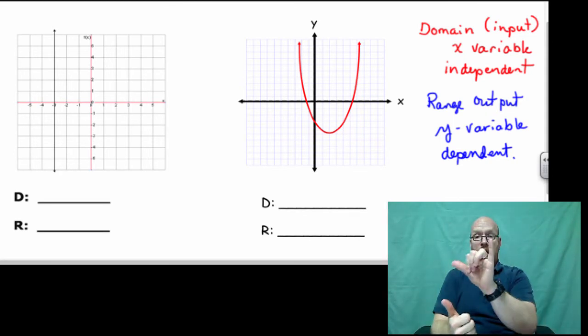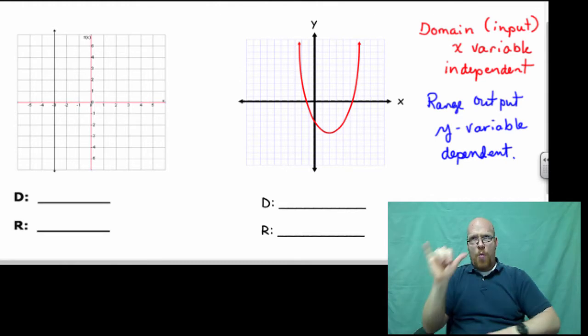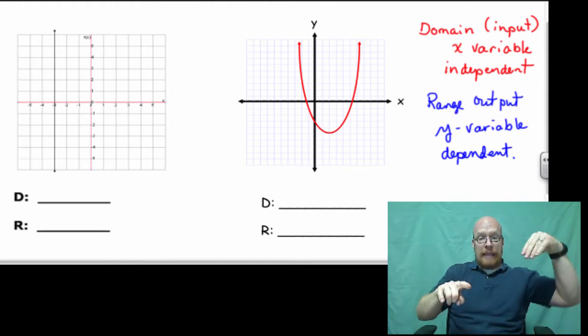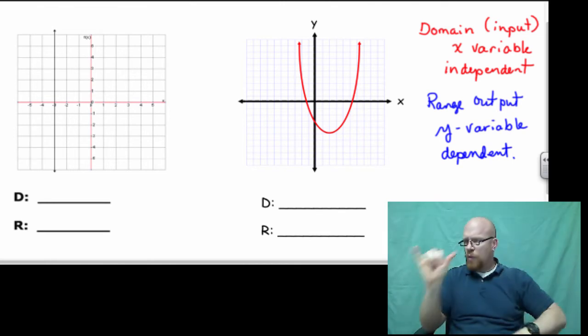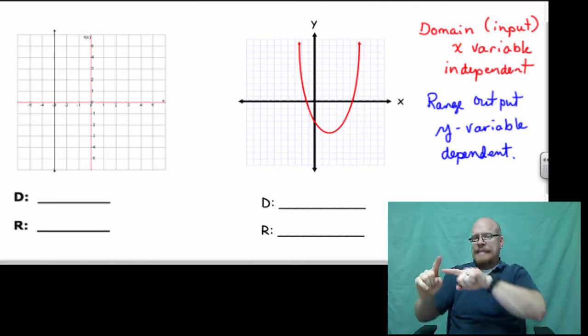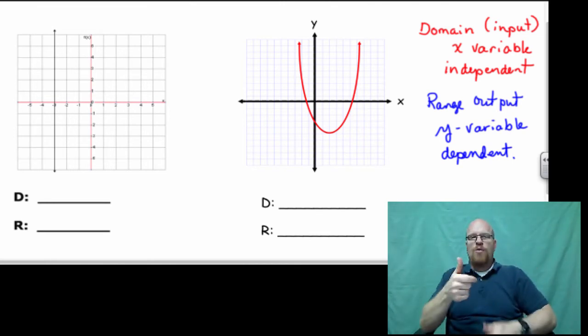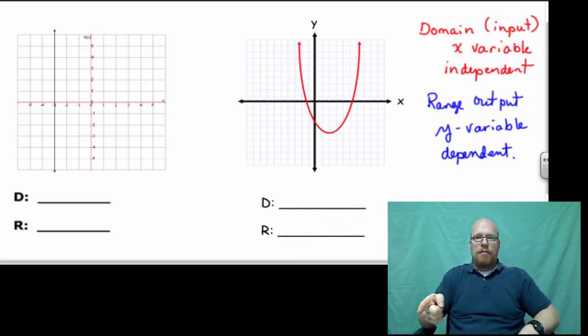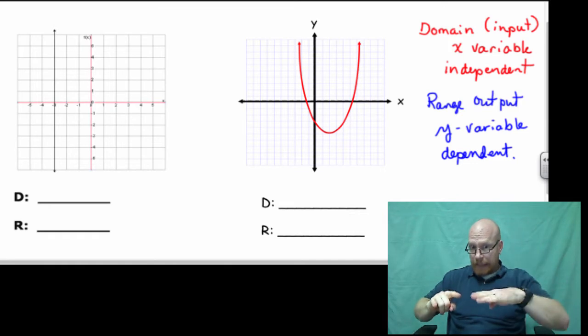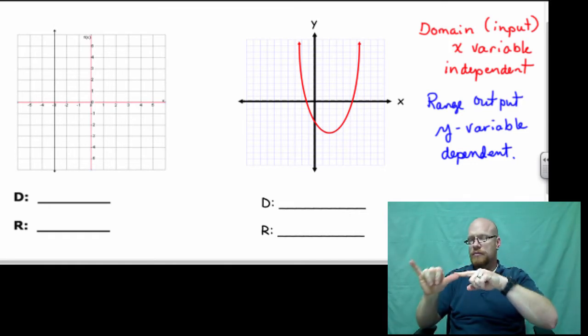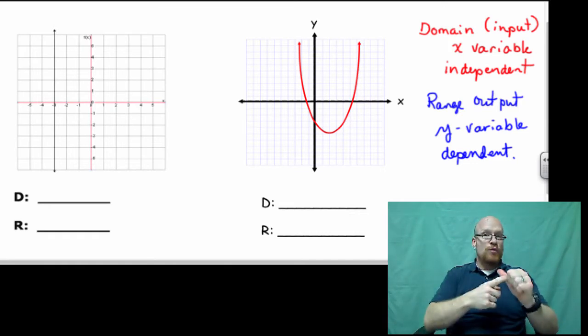Now the y variable, how do I know it's dependent? As x comes in, we map the x value to the y value, so y depends on what x is. That's why it's a dependent variable. Y is influenced by x.